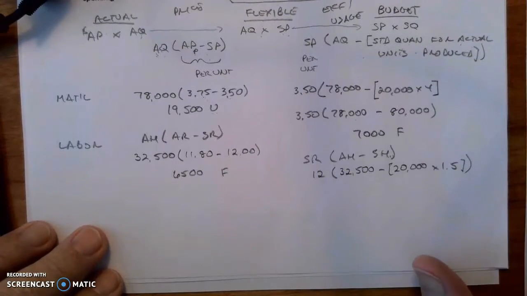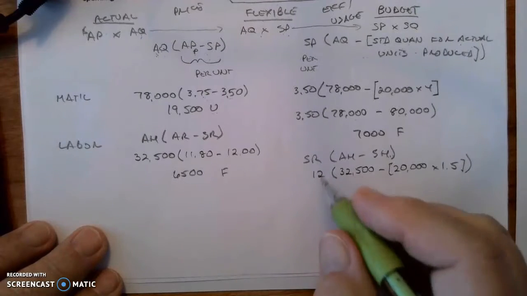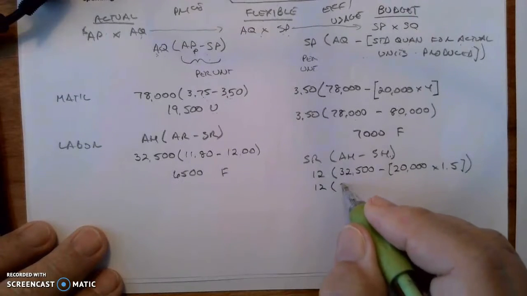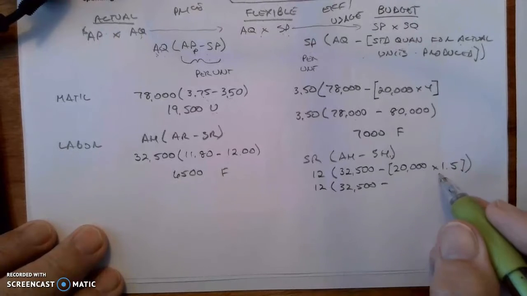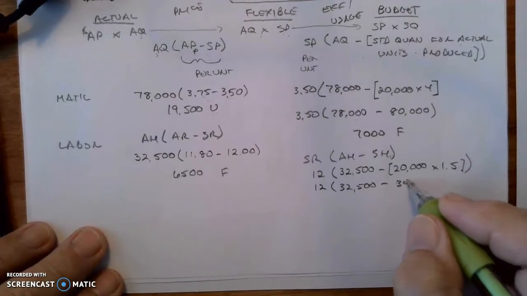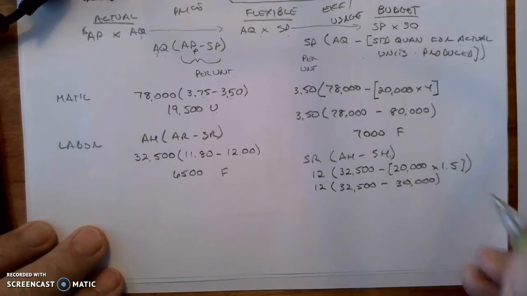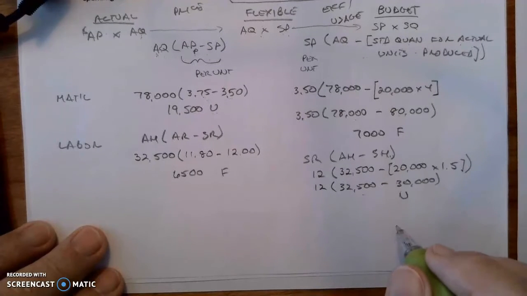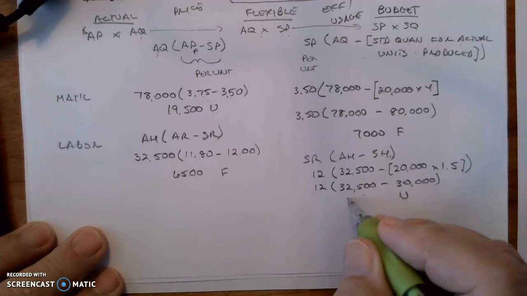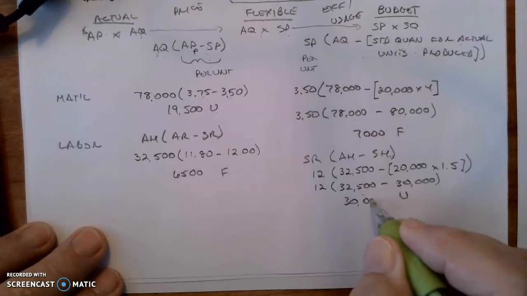So 12 times 32.5 minus 20 times 1.5, that's 30,000. At least I'm in the same ballpark, the same universe of these numbers. But I can tell it's going to be an unfavorable variance. This is $30,000 unfavorable.